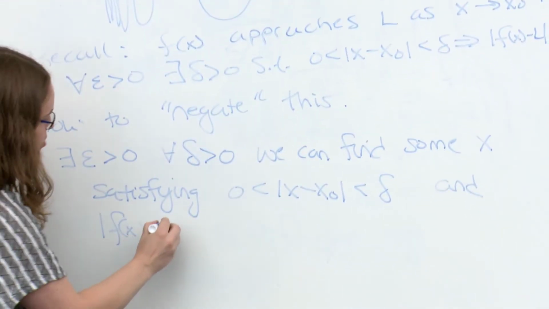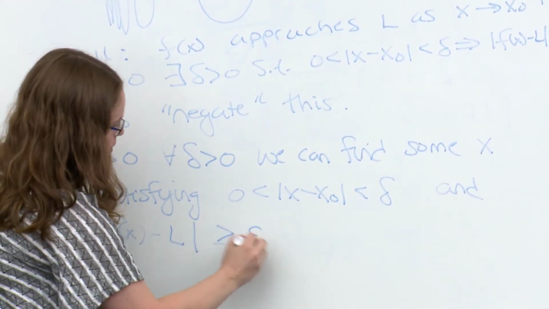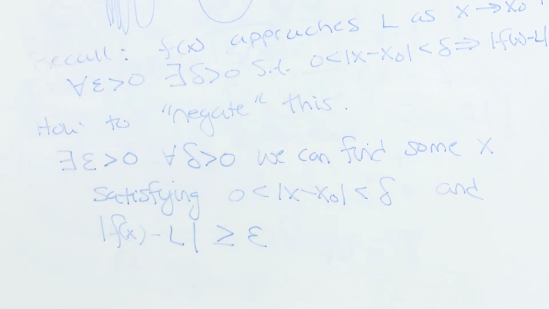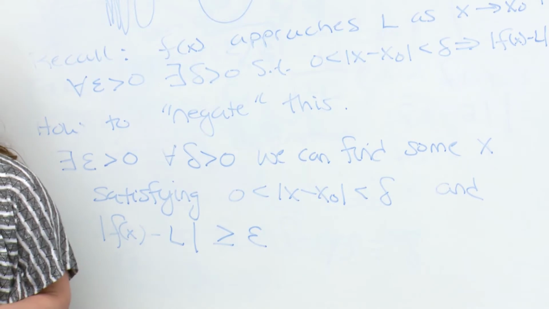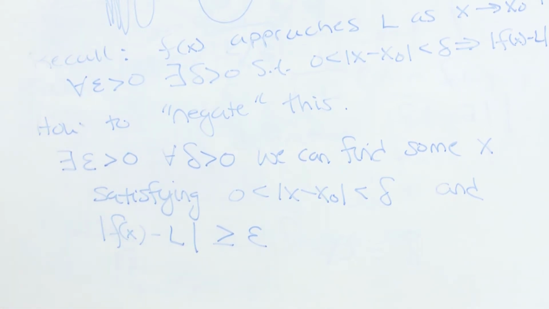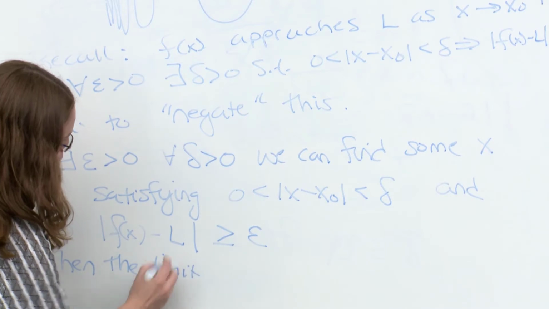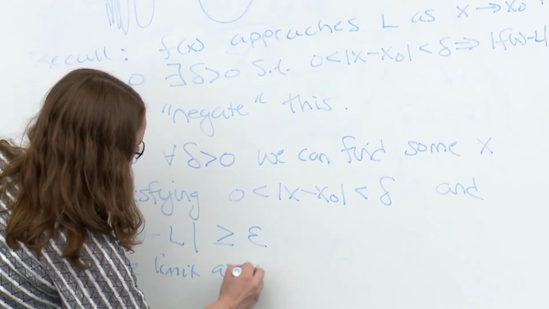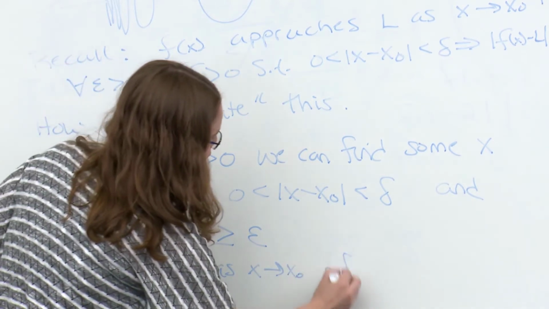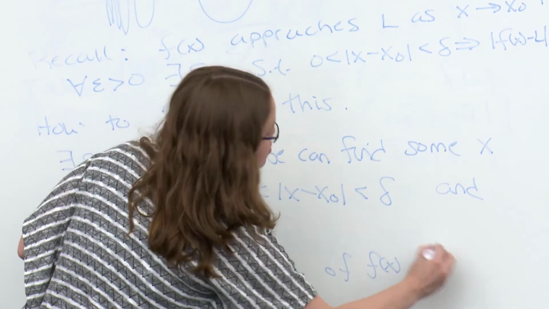So f of x minus L is bigger than or equal to epsilon. Okay, if we can do this, then we'd show that the limit as x approaches x0 of f of x does not exist.